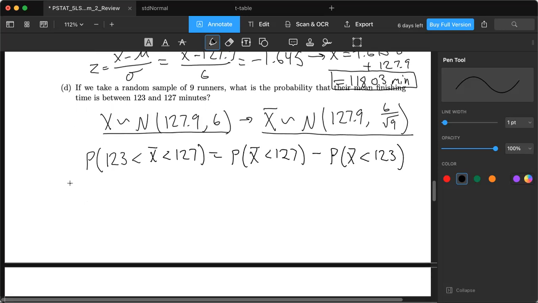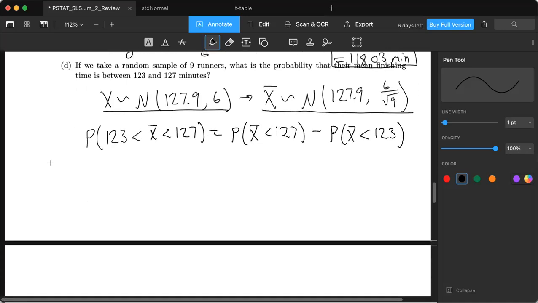Now we need to make 2 different z-scores. So z1 is equal to 127 minus 127.9 divided by the standard deviation, which evaluates to 2. So our new standard deviation that we're working with is 2.